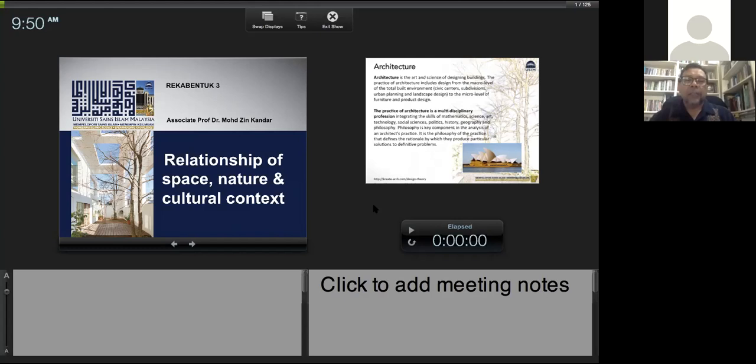To me, this is a first step for you to talk about the relationship, especially space, because architecture is mainly about space. At the same time, we need to understand what nature is and what culture is, because when you design on a site like the one we chose, it's an empty land, but there are buildings surrounding the site.